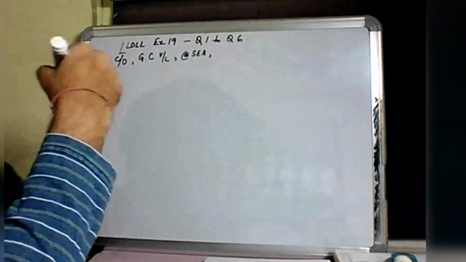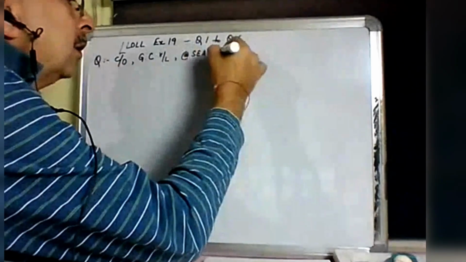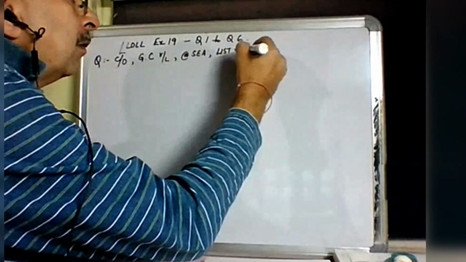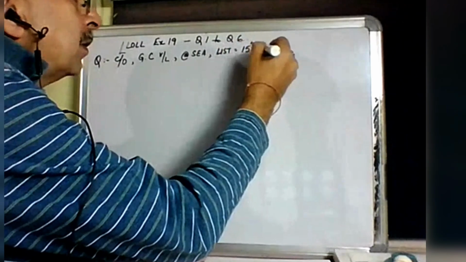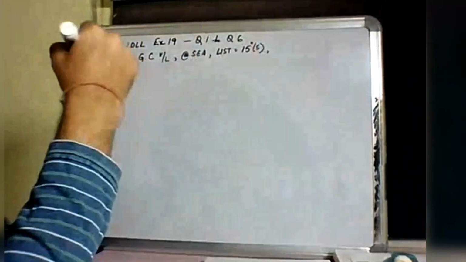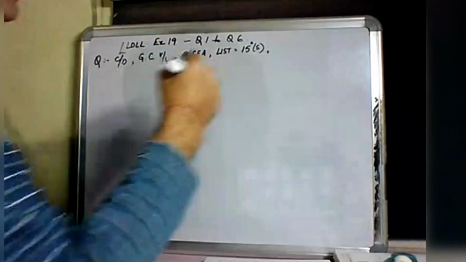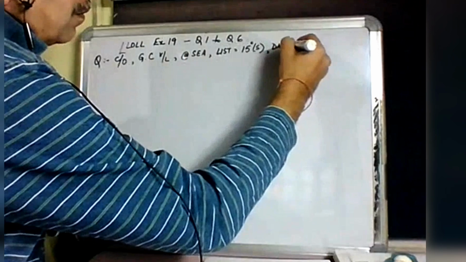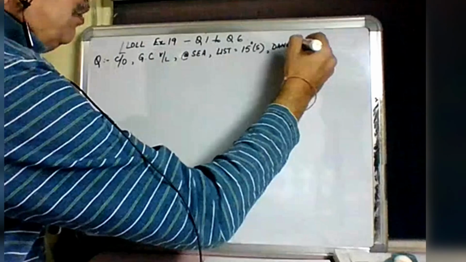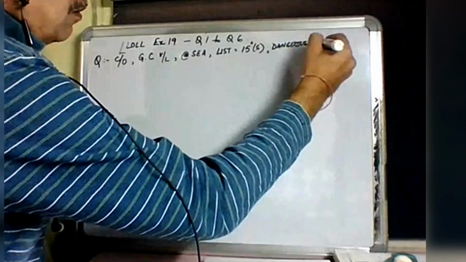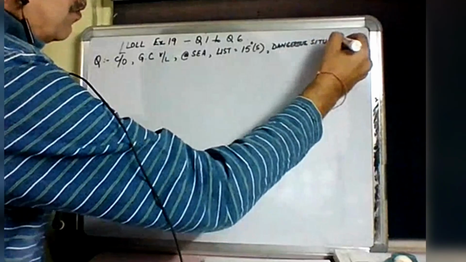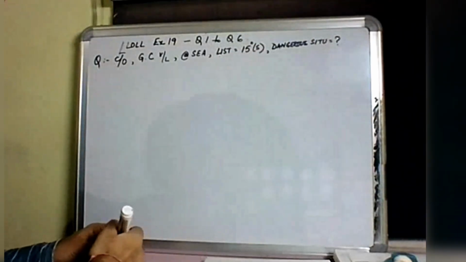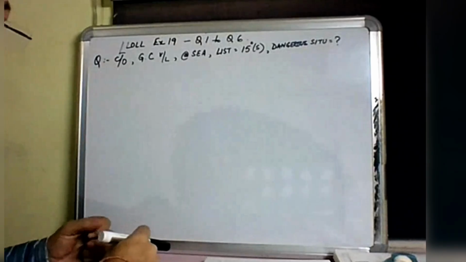And one fine morning, you find the vessel has got a list of 15 degrees to starboard. Are you in a dangerous situation? What action will you take?